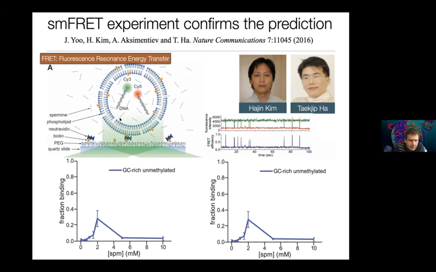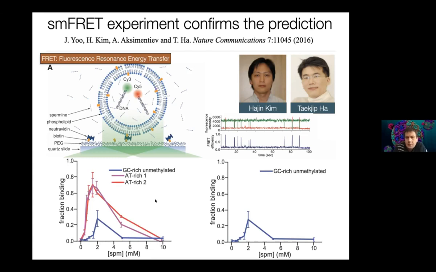So that's exactly what Hajin did. If you look at the graph on the left, it shows how frequently DNA molecules carrying CG-rich sequence come together. So they do come together once in a while. But if we change the sequence so it has higher AT content, we get much stronger FRET.